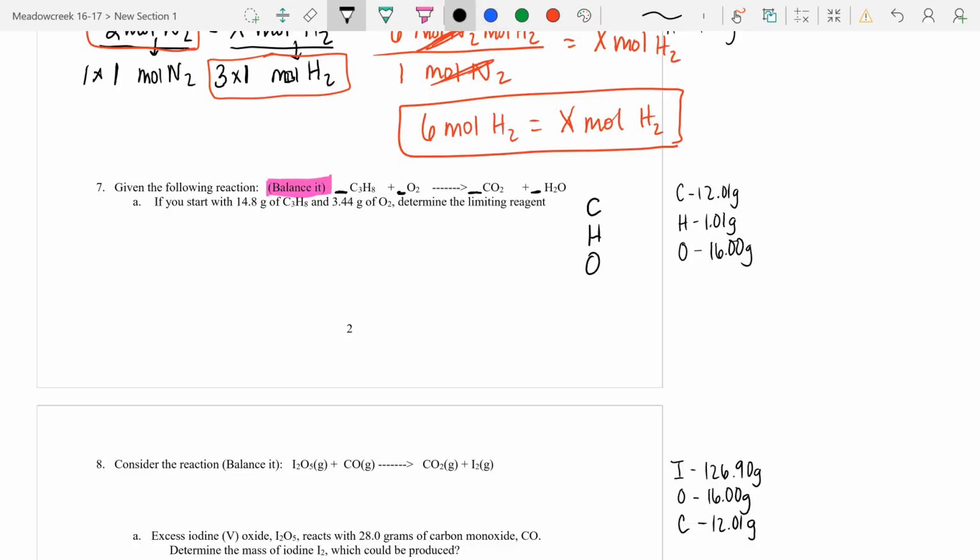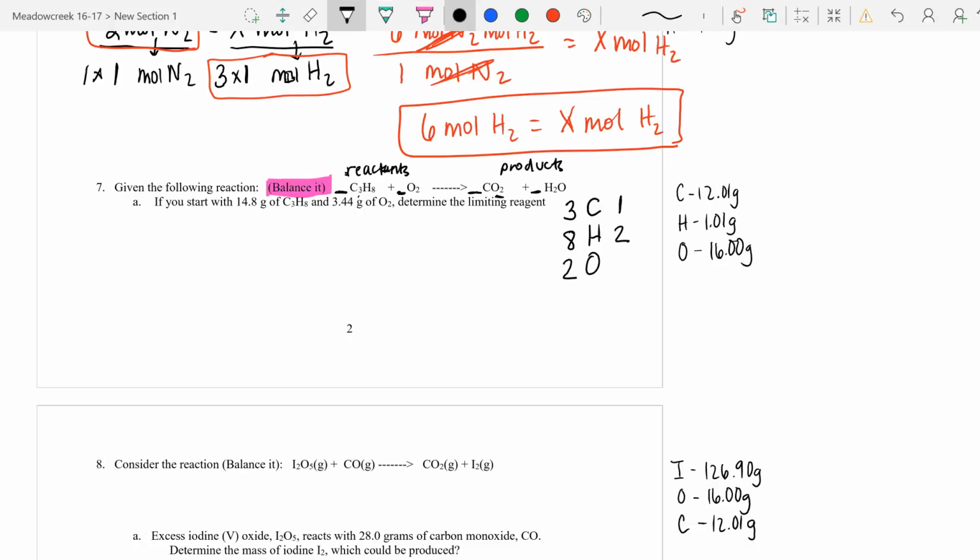Okay, so if we think about it, 1 times this subscript 3 is 3 carbons, 1 times 8 is 8 hydrogens, and 1 times 2 is 2 oxygens. Now on the right side of my arrow, which remember the left side is called reactants, and the right side is called products. If we go to our product side, I have 1 carbon, I have 2 hydrogens, and then oxygens get a little tricky.